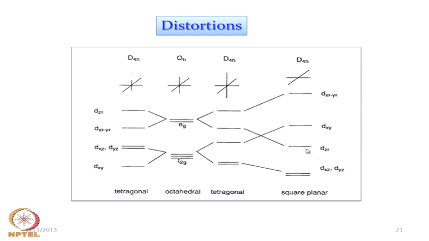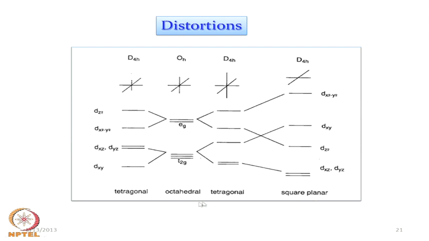At the expense of that stabilization, we have destabilization of the dxy orbital and stabilization of dxz and dyz. So we get the ordering for square planar geometry.